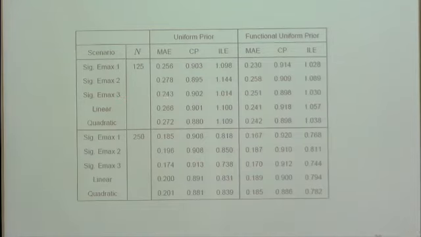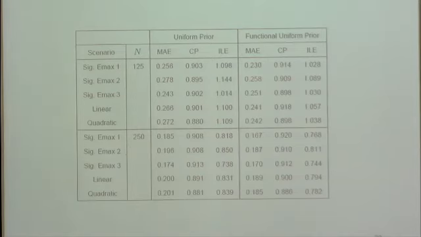But this might be due to the fact that obviously the uniform prior is favoring certain shapes, and this might be one of the shapes that the uniform prior simply favored. And obviously then this model will perform better in this case. But otherwise, estimation error is smaller for the functional uniform prior.